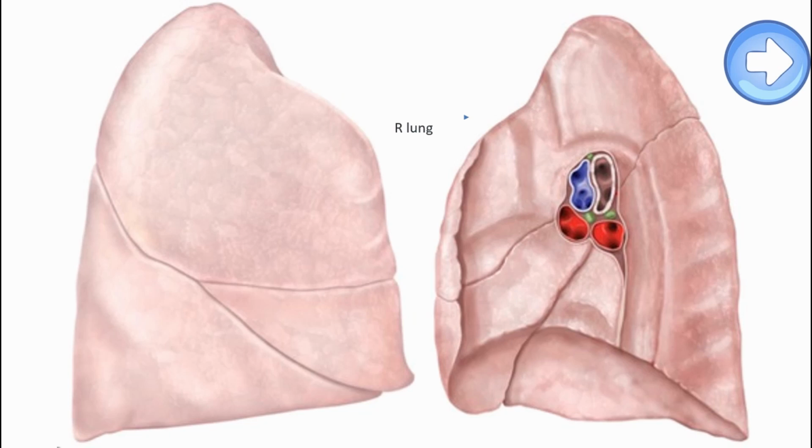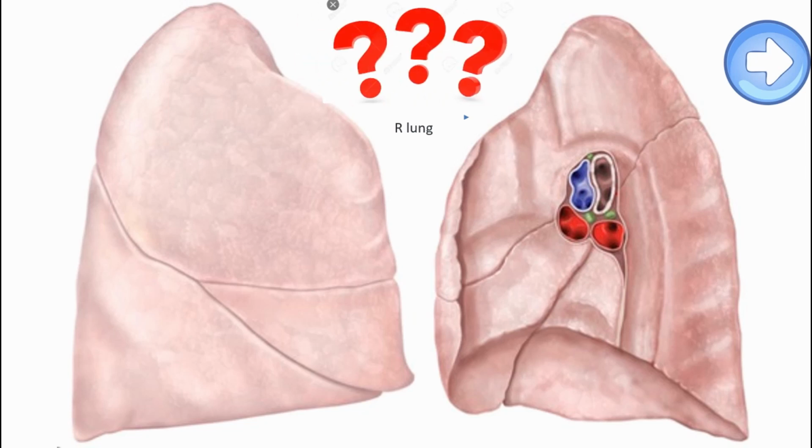Now, when you look at the left side, you see a lung. Which lung is this? This is a lung that has 3 lobes and 2 fissures, therefore it should be the right lung. If you look at the mediastinal surface of the lung, that is the figure on your right, you can see what?